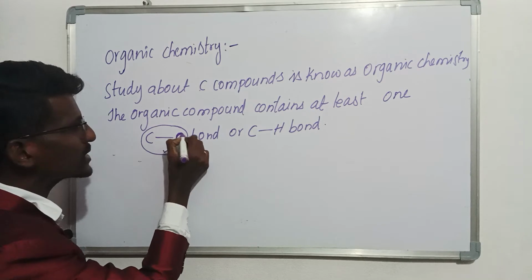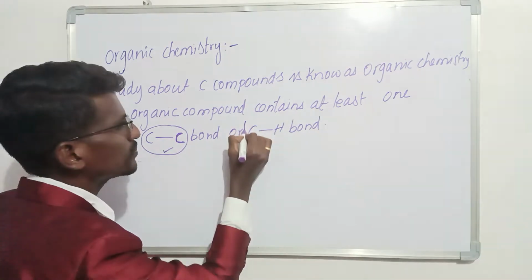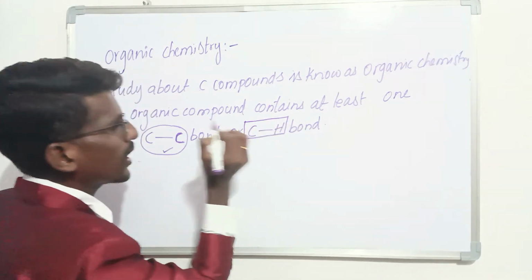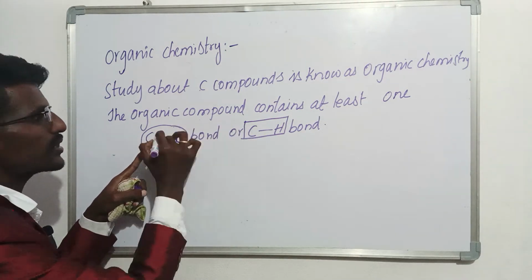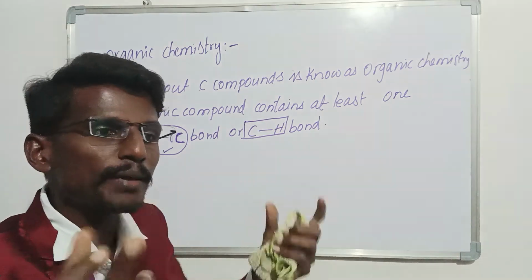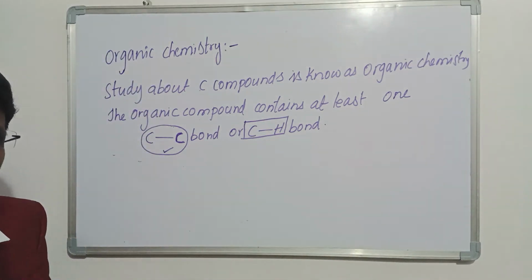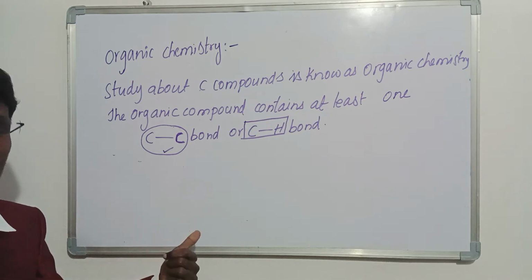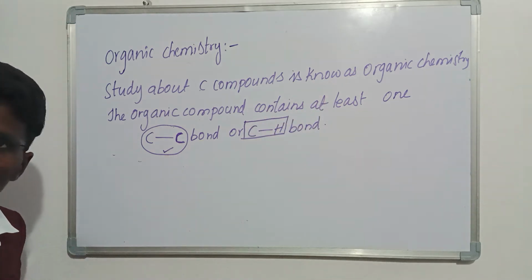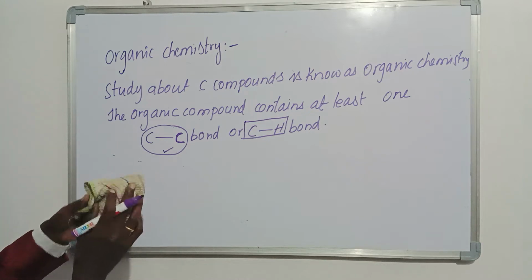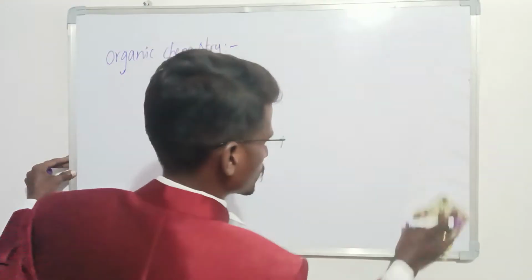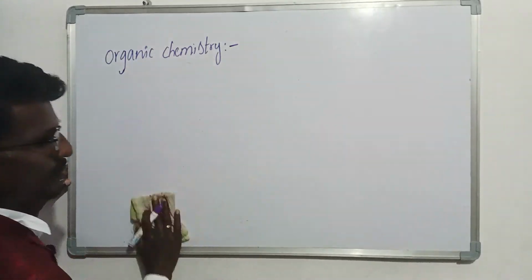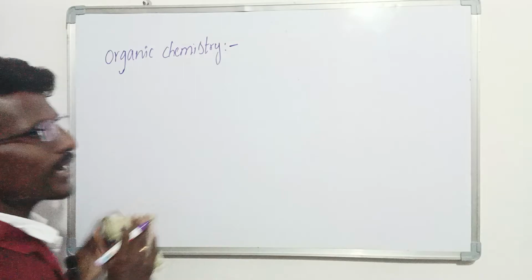If the CC bond is not there, then maybe a CH bond exists. If neither of these two bonds exists, that compound belongs to inorganic compounds only. We'll discuss the examples.